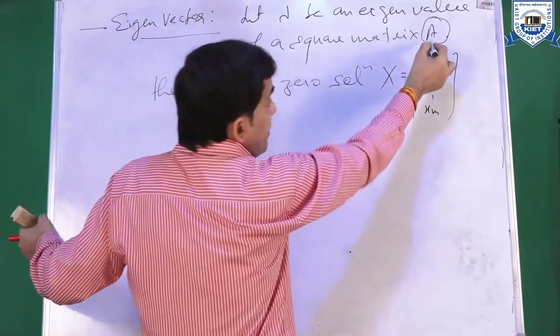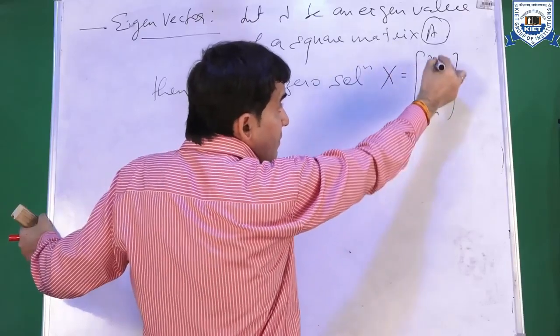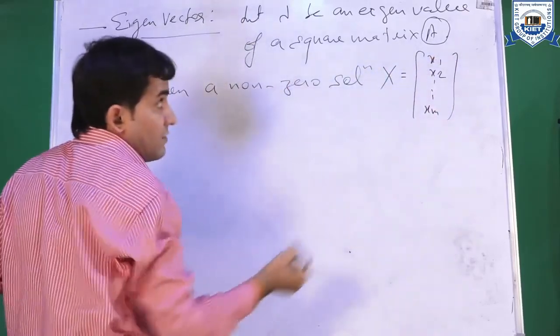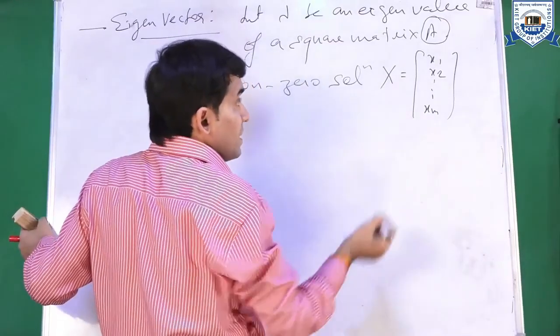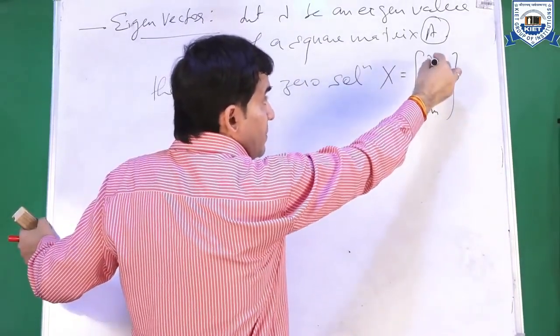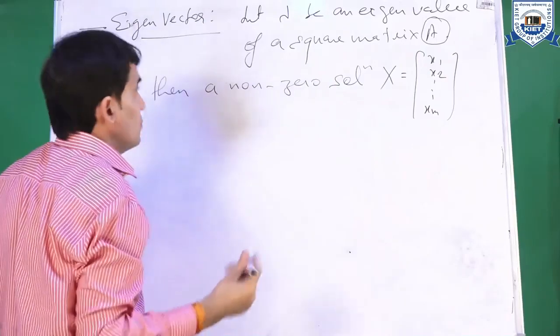If the size of the matrix is 3, then the number of elements in X will be 3, like x1, x2, x3. And if the size of this matrix is 2 cross 2, the number of elements in this vector capital X will be 2, x1 and x2, and so on.